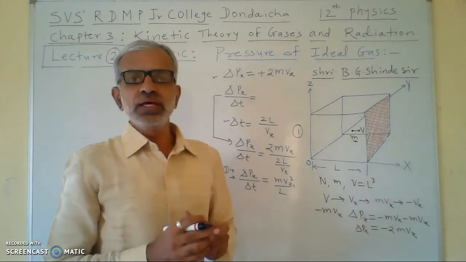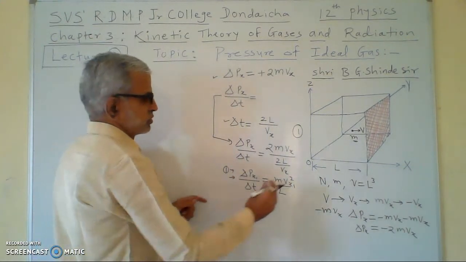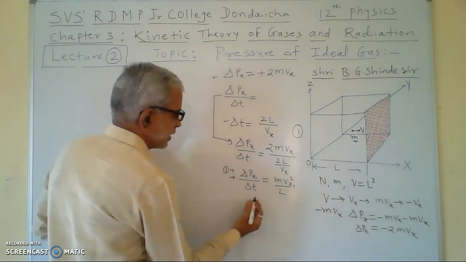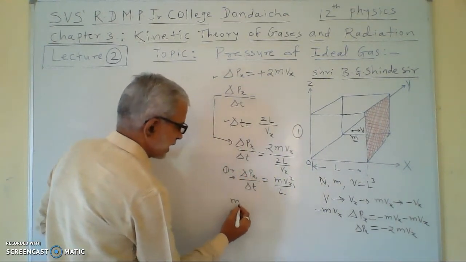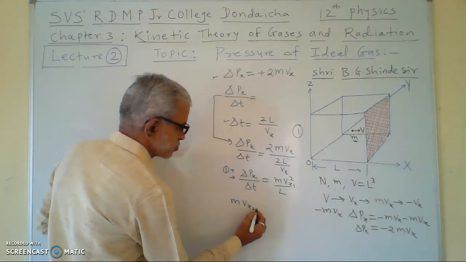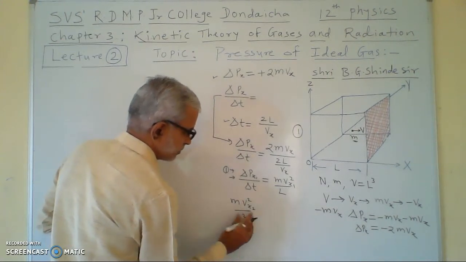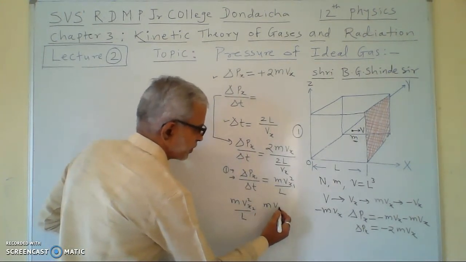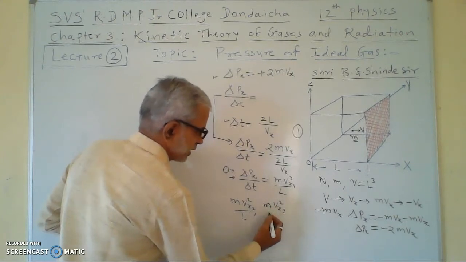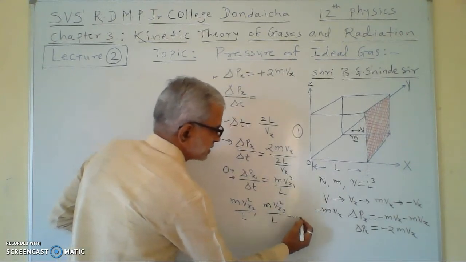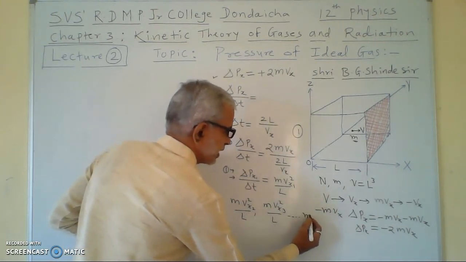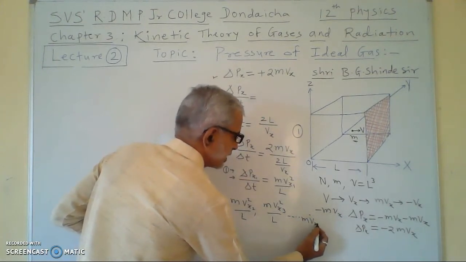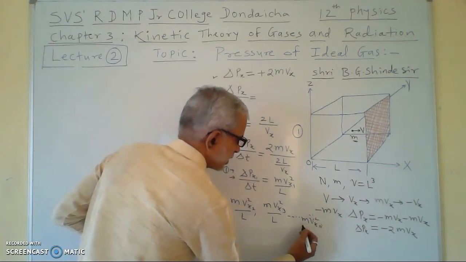Now similarly for the second molecule, you can follow the same procedure. For the second molecule it is m vx2 square upon l. For the third molecule it is m vx3 square upon l, and similarly for the last molecule it is m vxn square upon l.